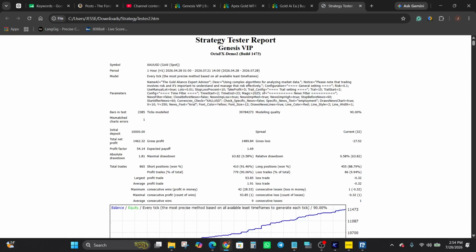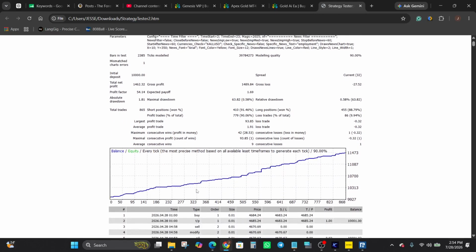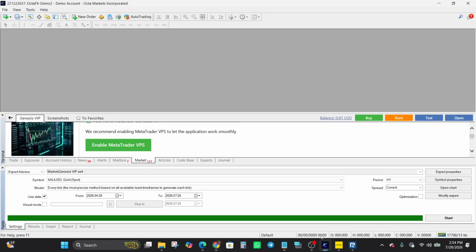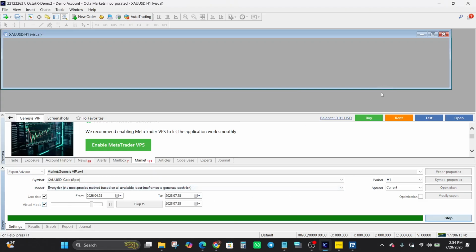Now, while these historical results present a very smooth equity curve with minimal drawdown during this specific 3-month window, it is essential to keep a few things in perspective. Past performance in backtesting is never a guarantee of future live performance.